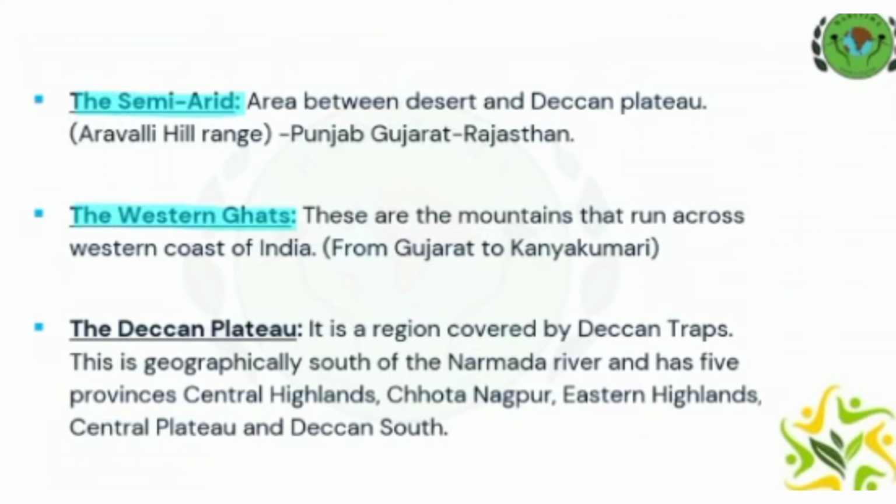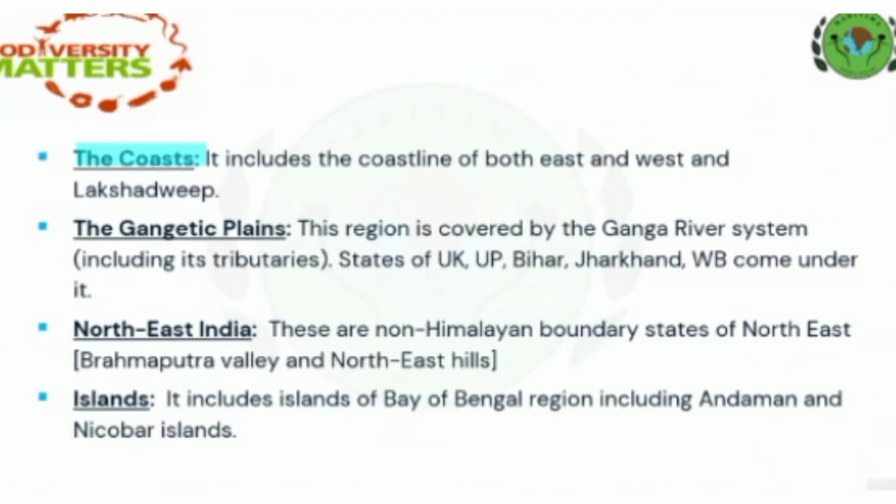The Deccan Plateau. It is a region covered by Deccan Traps. This is geographically south of Narmada River and has 5 provinces: Central Highlands, Chota Nagpur, Eastern Highlands, Central Plateau and Deccan South. The coasts. It includes the coastline of both East and West and Lakshadweep Islands. The Gangetic Plains.